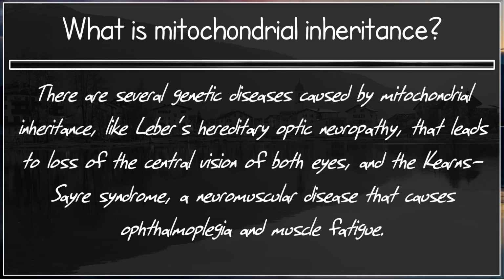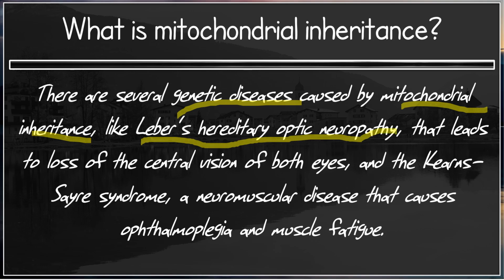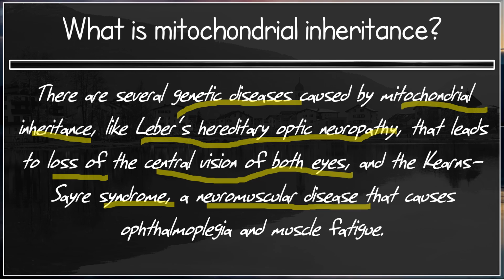There are several genetic diseases caused by mitochondrial inheritance, like Leber's hereditary optic neuropathy, which leads to loss of the central vision of both eyes, and Kearns-Sayre syndrome, a neuromuscular disease that causes ophthalmoplegia and muscle fatigue.